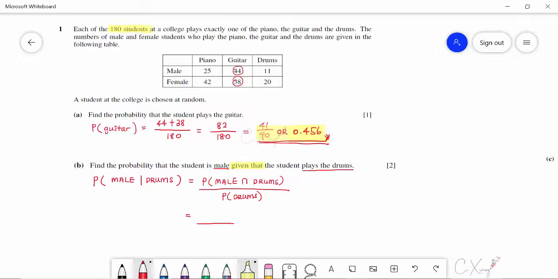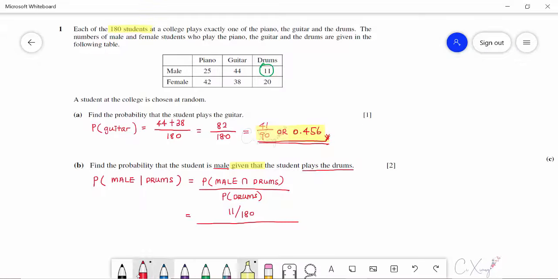For the students who are male intersect with drums, if you look at it from the table, it should be male and drums. The intersection part will be this value, which is 11. So you can put 11 over 180. That's the numerator. Then for the denominator, students who are playing drums.